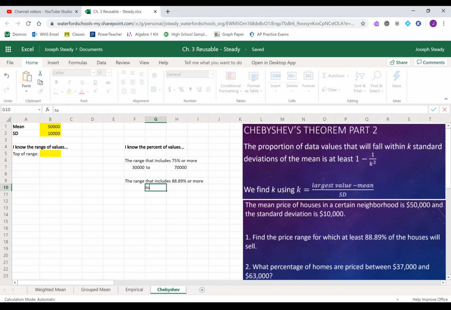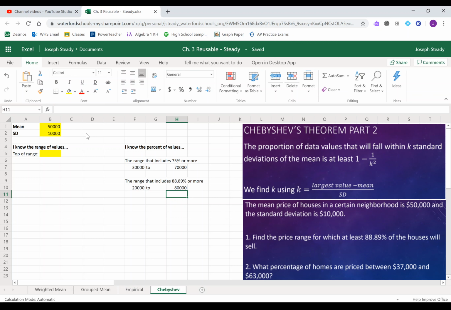For 88.89% of the data or more, it is the mean minus 3 times standard deviation all the way up to the mean plus 3 times the standard deviation. And those calculations there should look really similar to what we did in the empirical rule video.